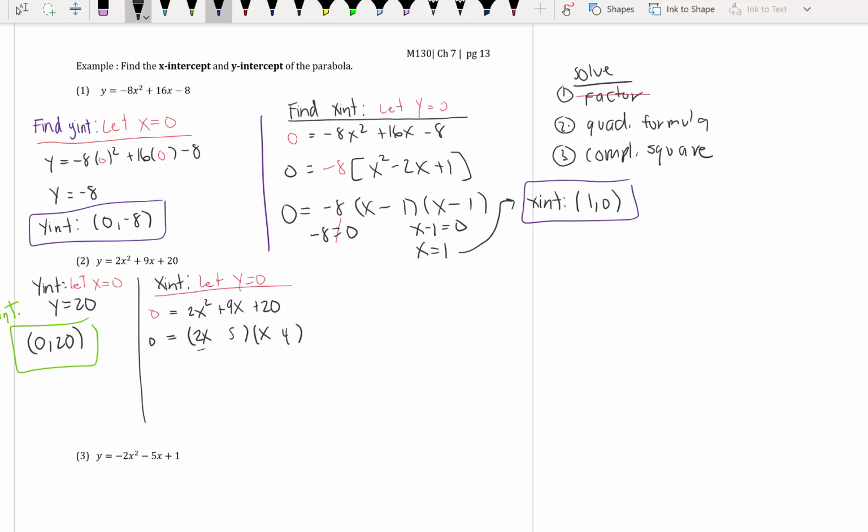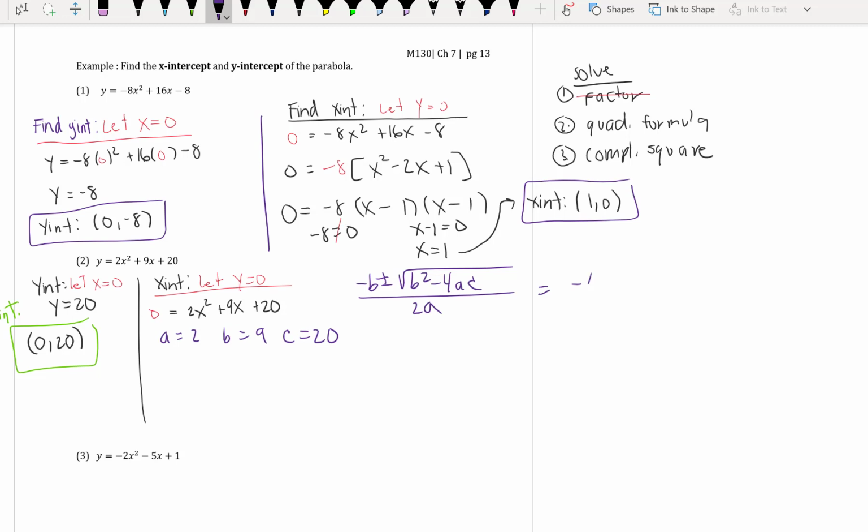So instead, I'm going to go with my negative b plus or minus the square root of b squared minus 4ac all over my 2a. And so I have that my a value is 2, my b value is 9, and my c value is 20.